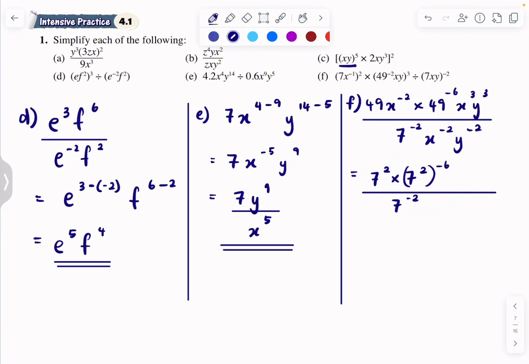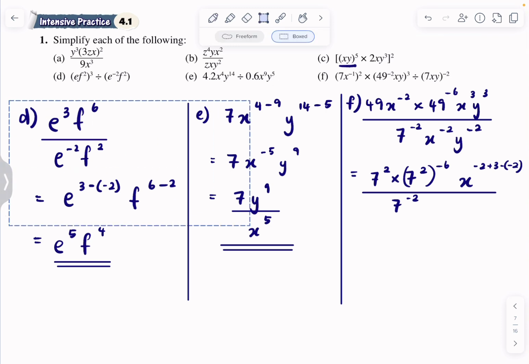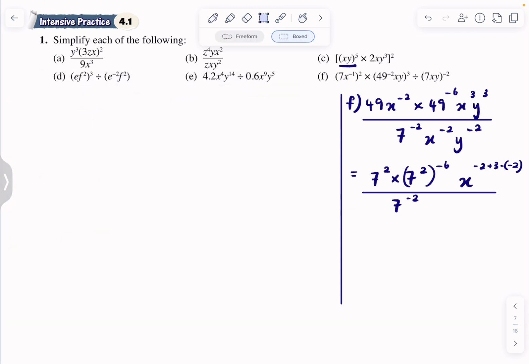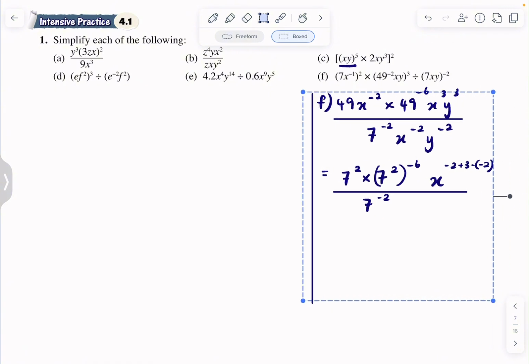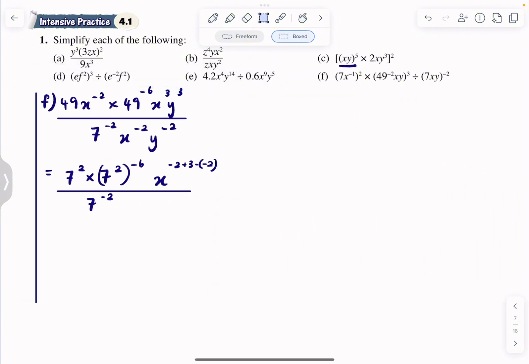Then now we can solve the x also at the side here. So x will be negative 2 plus 3 minus negative 2. Not enough space. Let's delete all this. Then this one we extend.